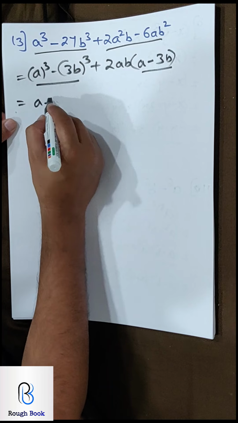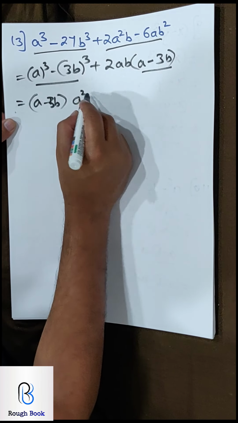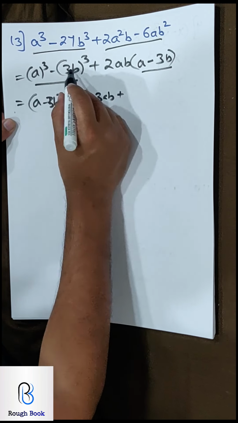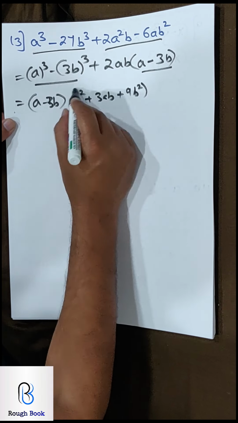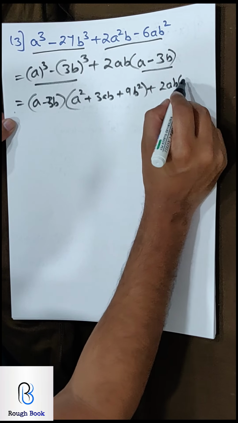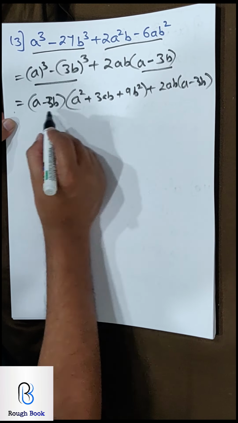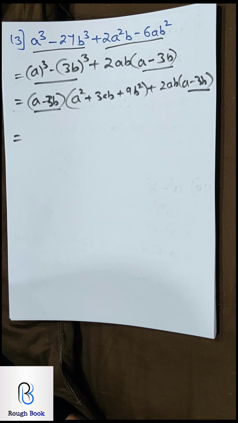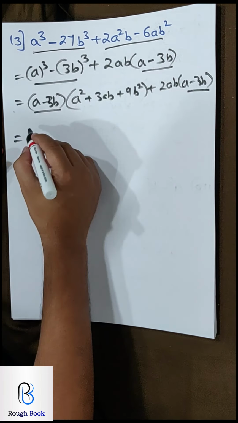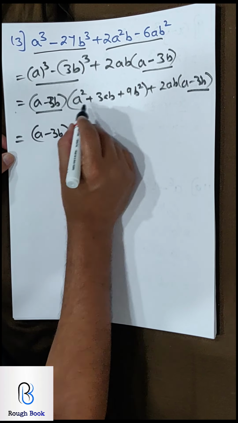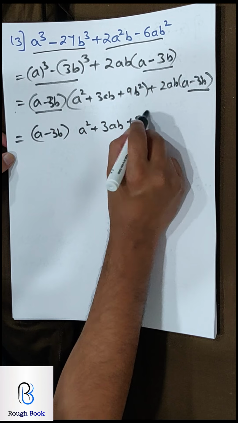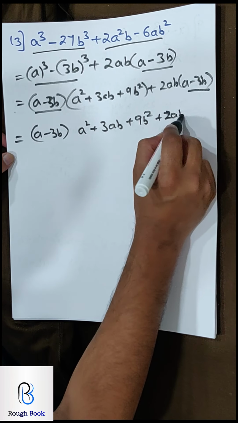Expand this, so (a minus 3b)(a square plus 3ab plus 9b square) plus 2ab(a minus 3b). So this is one house, this is second house. I can pull a minus 3b common, so please pull that. So my a minus 3b is pulled common. What is left will be a square, 3ab, 9b square plus 2ab.